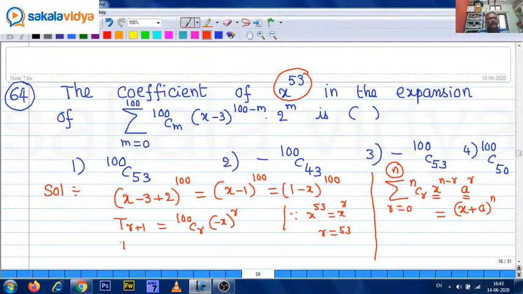So we get the 54th term, which equals 100C53 (minus x) to the power of 53. This will be minus 100C53 x to the power of 53. So minus 100C53. The third option is the right option.